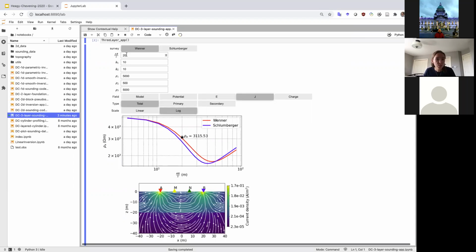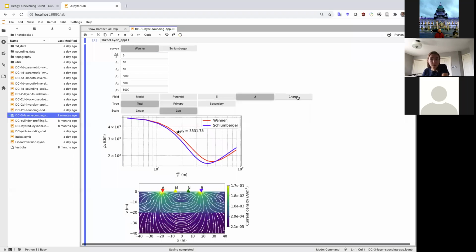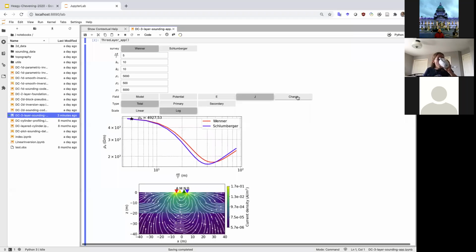So let's now bring the electrodes closer together. We've got that at 18. Let's put it at 5 here. Okay, so if we look at the currents, they're much tighter, much closer together because we've made our setup closer together. And the apparent resistivity is much closer to that 5,000.